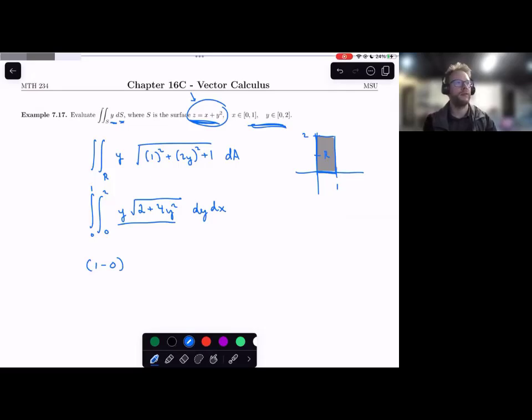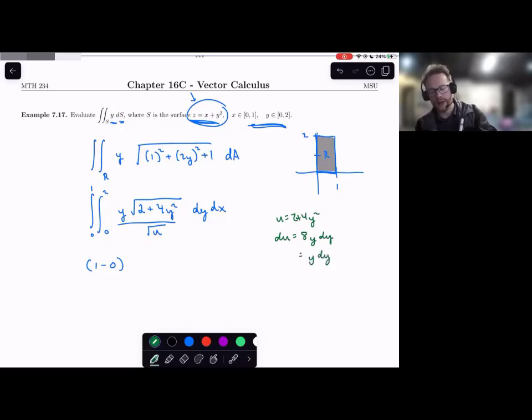For the other piece here, we're going to have a small u substitution. So if u is equal to this 2 plus 4y squared, again, I'll just go off to the side here. U is equal to 2 plus 4y squared. Then du is equal to 8y dy. Or another way to say that is that y dy is the same thing as 1/8 of a du.